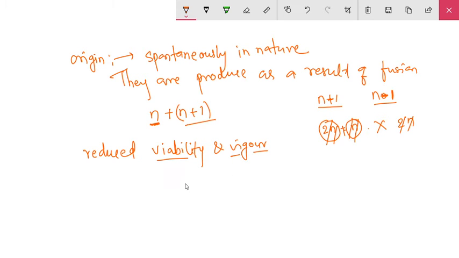Okay, then these trisomics, they are of three types. There are three types of the trisomics.